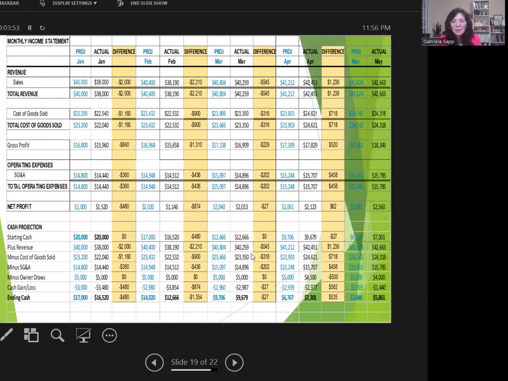Let's assume that in April, your projections show a negative cash balance. Instead of positive $6,000, it will be a negative $6,000. So that means that before that happens, you will have to inject cash from your own savings before you run out of cash.